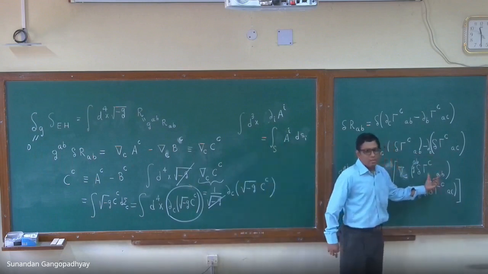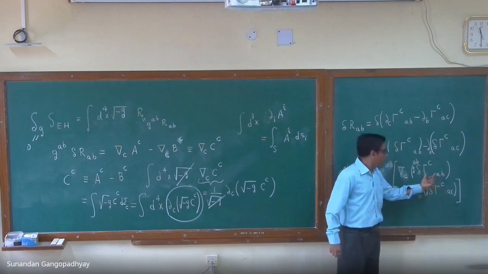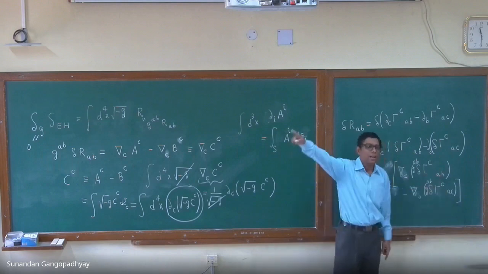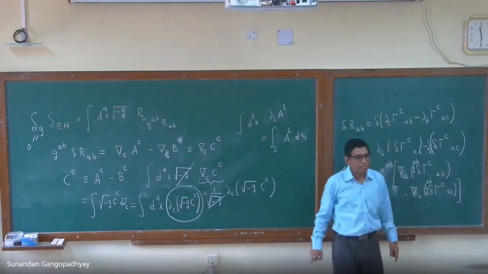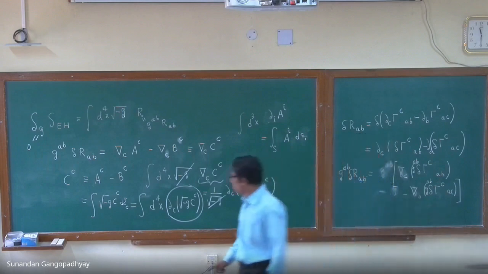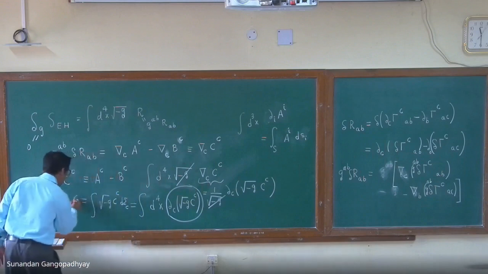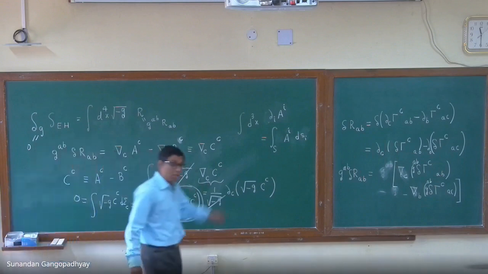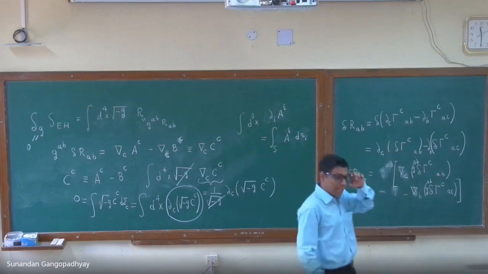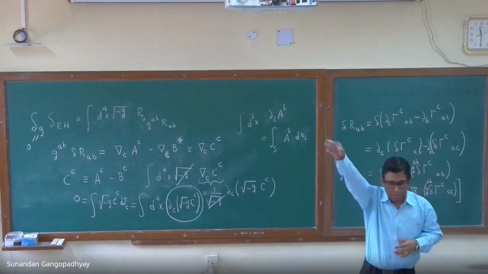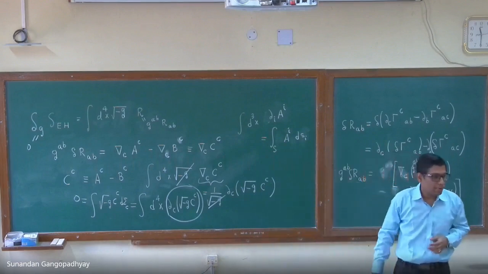You say that the variation of gamma at the surface is 0. So if you impose that, then your first term is equal to 0. The variation of gamma at the boundary is 0.